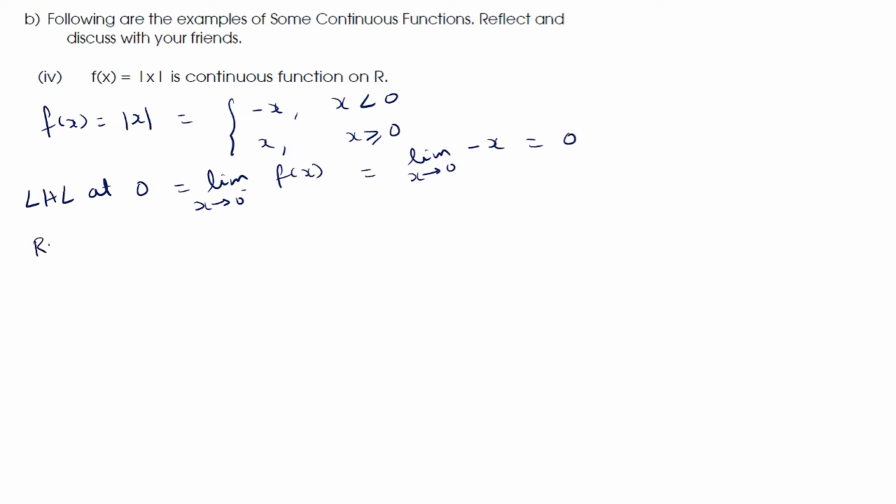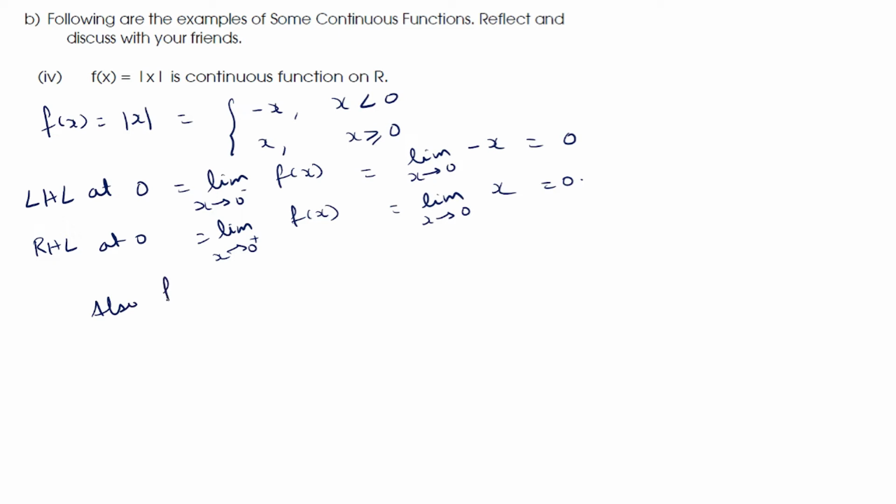Then the right hand limit at 0 is limit x tends to 0 plus of f of x. Here when x approaches 0 from right, we have f of x equal to x for x greater than or equal to 0. So limit x tends to 0 plus of f of x will be limit x tends to 0 of x, which is again 0.